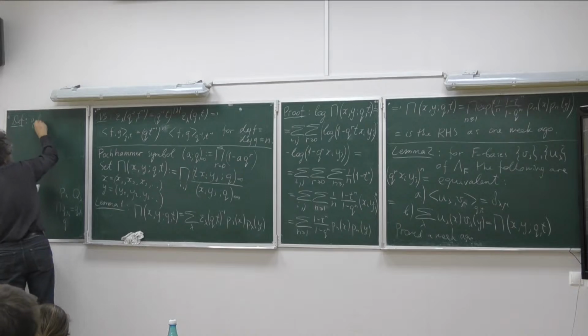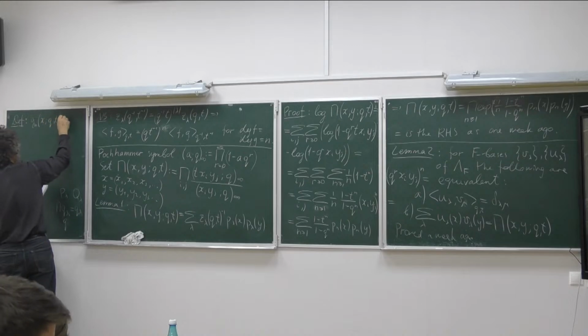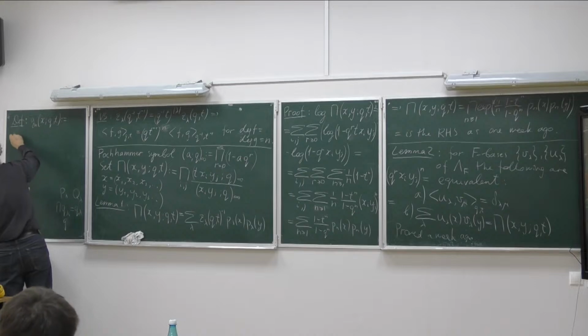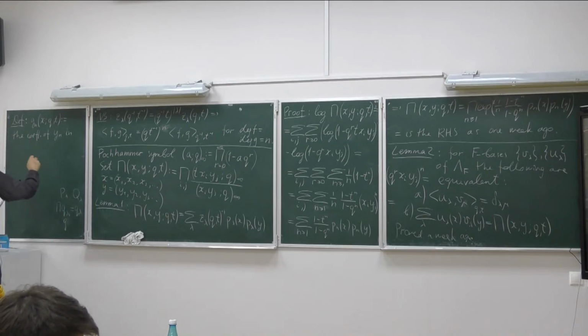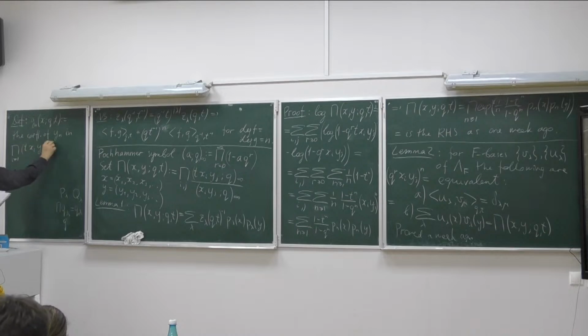So g_n of x, q, and t is defined as the coefficient of y to the n in the product over positive i of the Pochhammer symbol (t x_i y) over the Pochhammer symbol (x_i y).